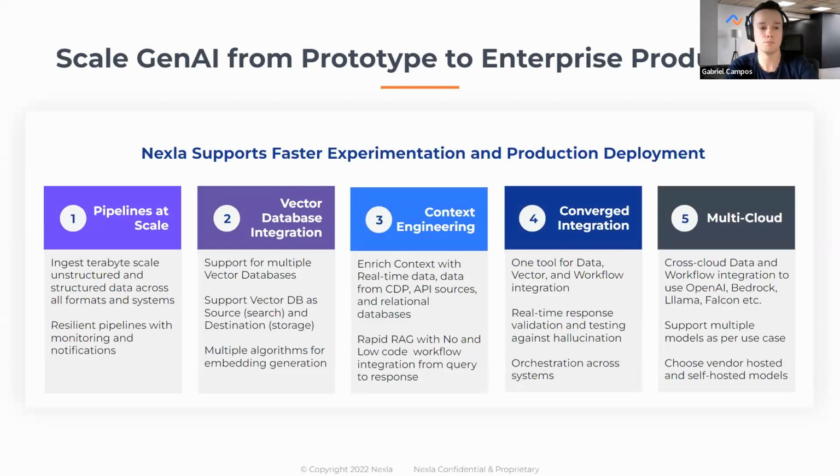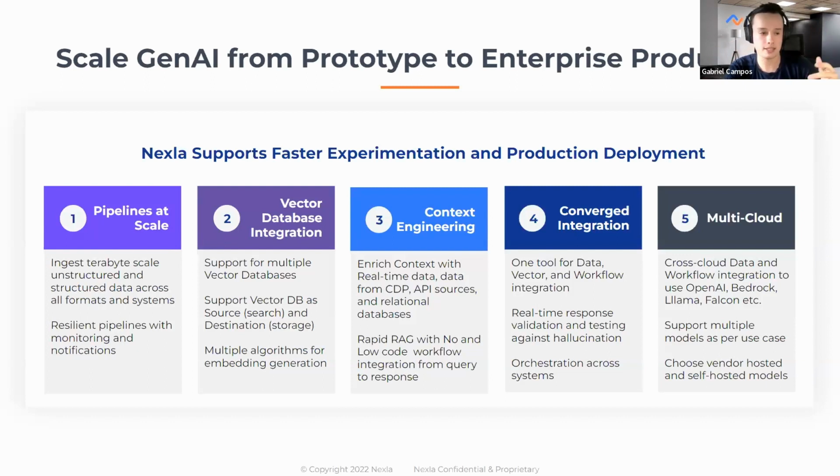We also support multiple vector databases, which allows for easy experimentation with different data storage and retrieval methods. We also have the ability to enrich context with various real-time data sources, including APIs and relational databases, which enables rapid integration with many different services out of the box, and it will keep latency low, as we had a question around that.